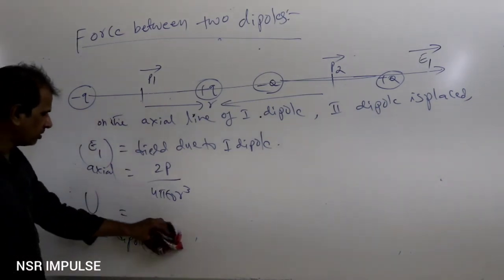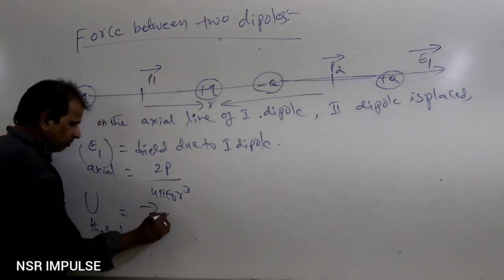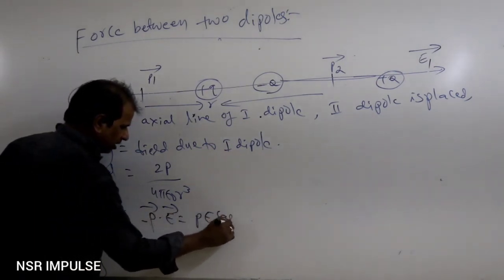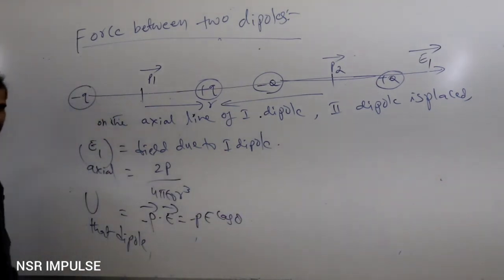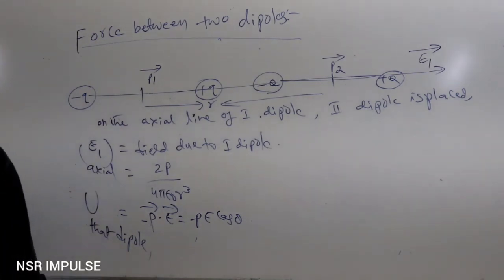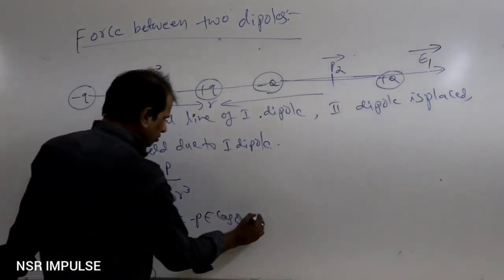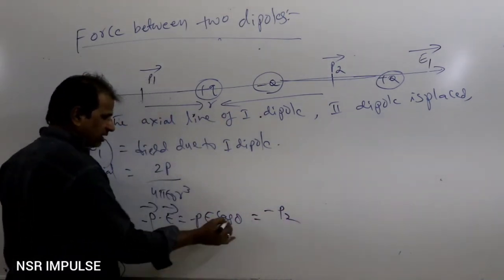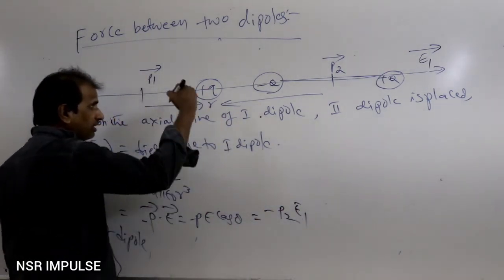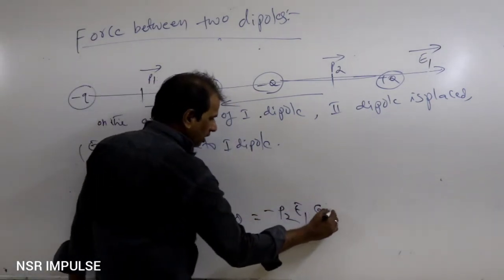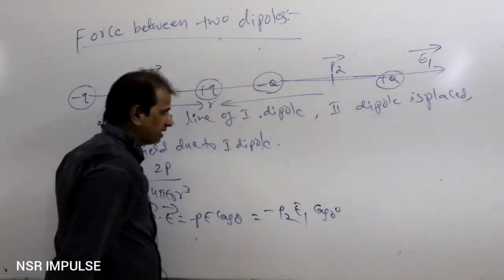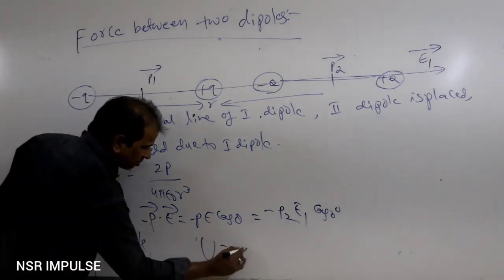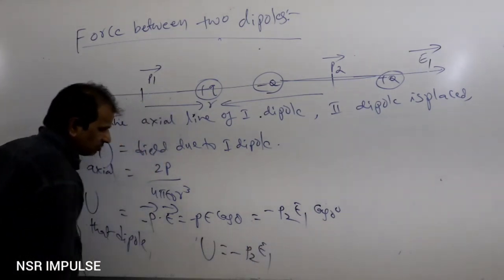The general formula for potential energy, which we derived earlier, is minus P bar dot E bar, that is minus PE cos theta. The second dipole is placed in the field of the first dipole. Theta between these two is 0, cos 0, because dipole moment and electric field are parallel to each other. So potential energy is equal to minus P2 E1.